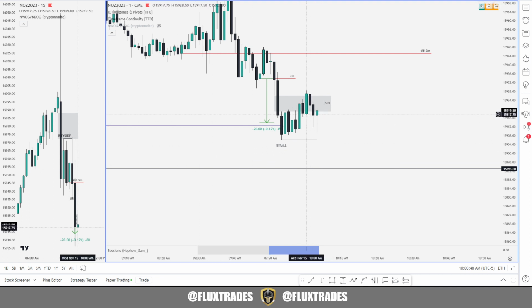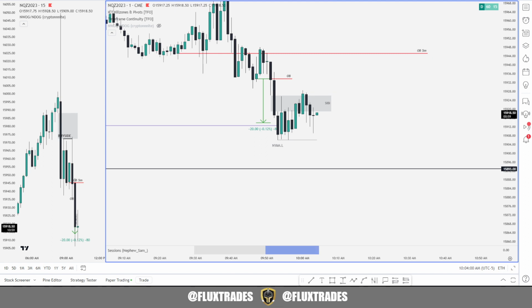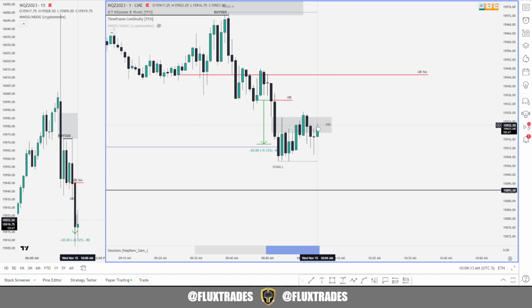Still not getting that deeper closure past the 10 a.m. candle. So watching this candle if we want to stay within this order block.